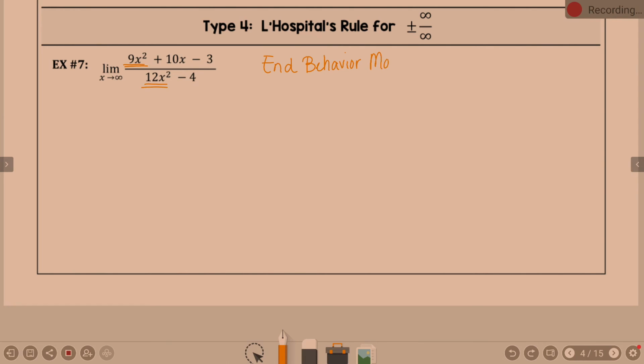Now, will L'Hopital's work? Yeah, L'Hopital's would work. I think it takes you twice to get to a point, and when you get to that point, it's not going to be 9 over 12 because you will have taken the derivative twice. So it's going to be, I think, 18 over 24, but guess what? It's still going to reduce to be the same thing.